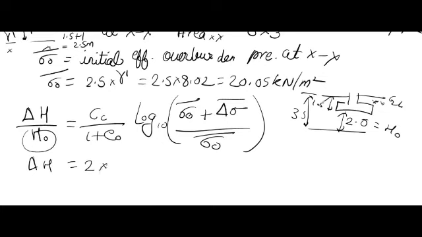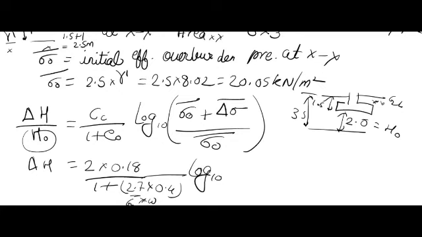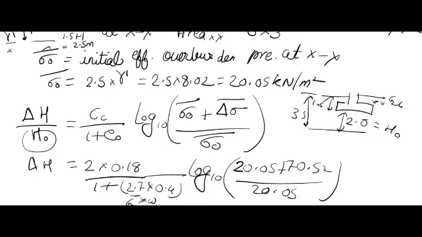So this is 2 into compression index 0.18, over 1 plus the initial void ratio, which we found out as 2.7 into 0.4, that is G into water content, then log 10 of sigma 0 bar, that is 20.05 plus 70.52, divided by 20.05.